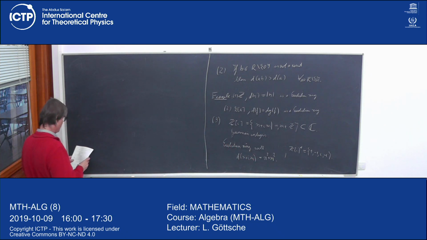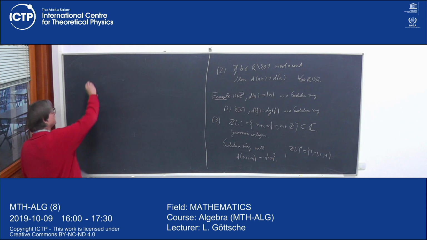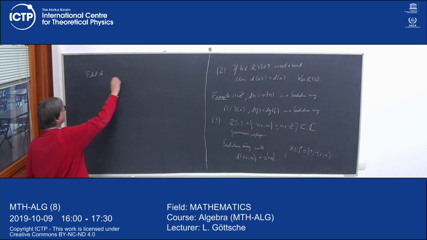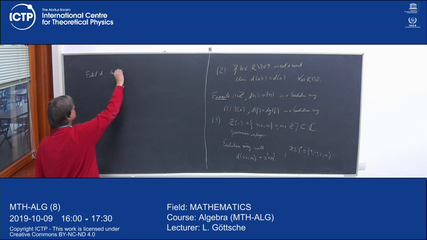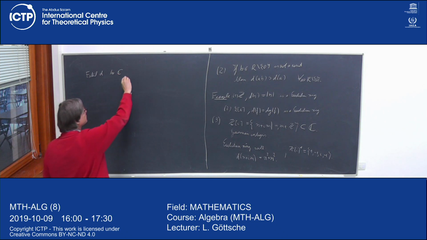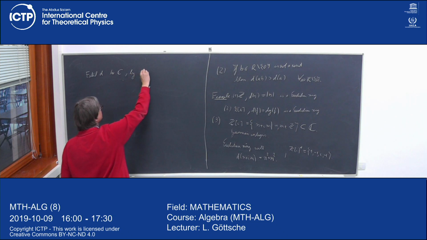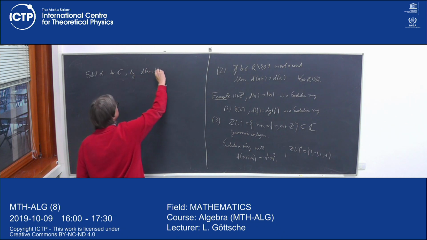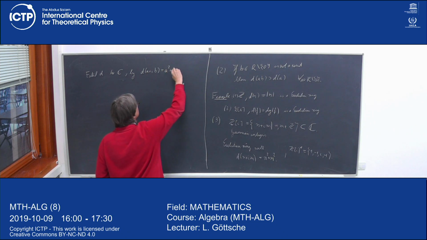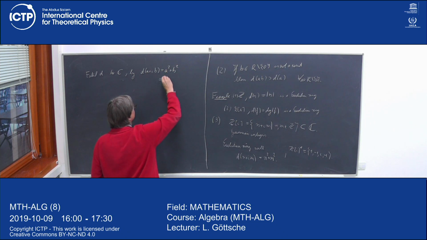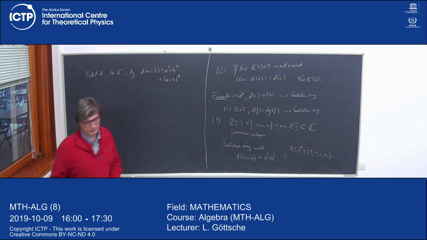Because the main property is the following, we can extend d to the complex numbers by saying d of a plus bi is equal to a squared plus b squared, which is also the square of the complex absolute value that you learn in complex analysis.